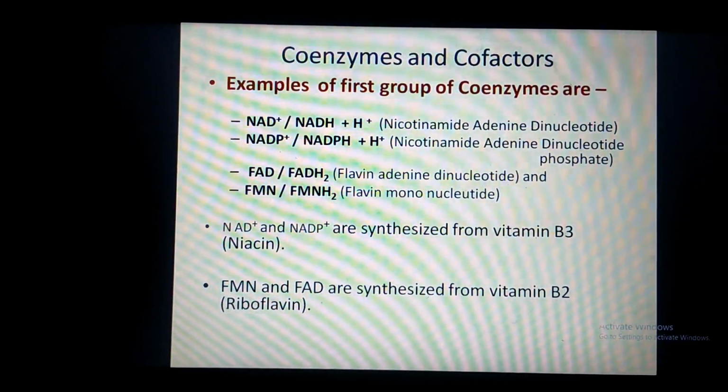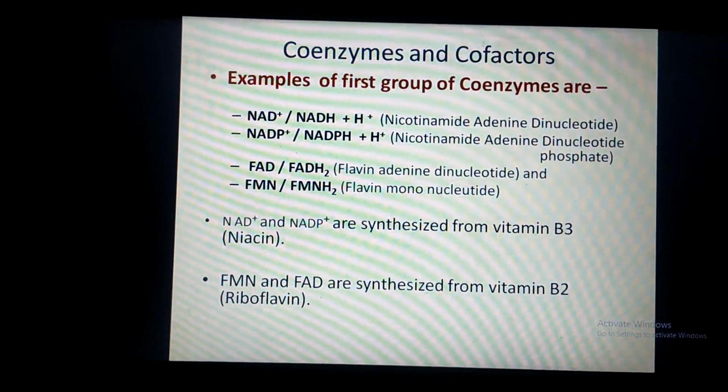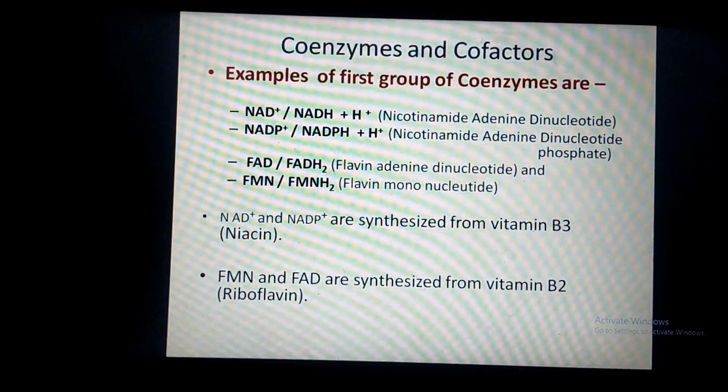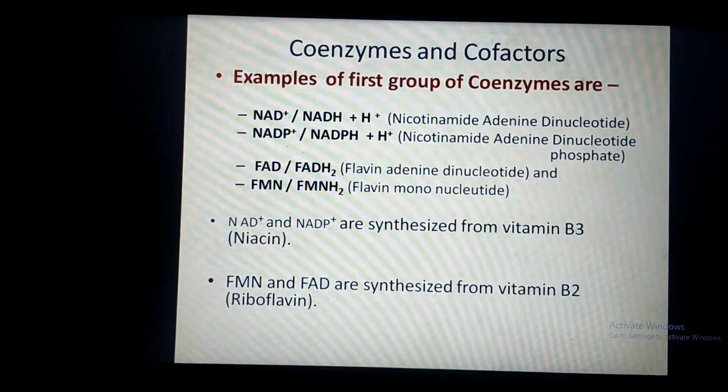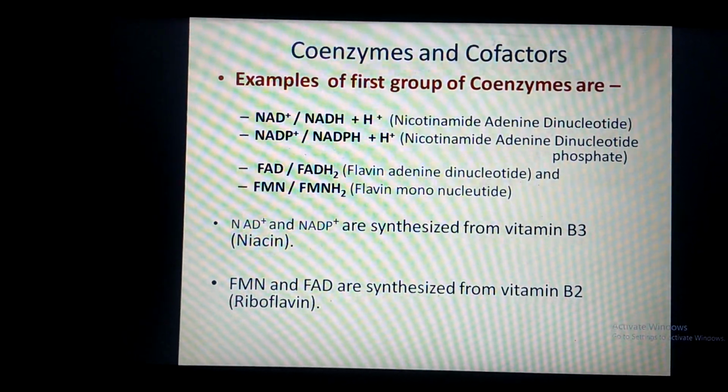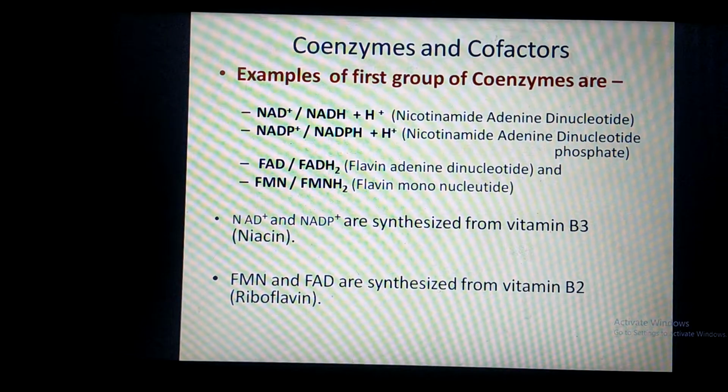Here NAD and NADP are synthesized from vitamin B3, that is niacin, whereas FMN and FAD are synthesized from vitamin B2, that is riboflavin.